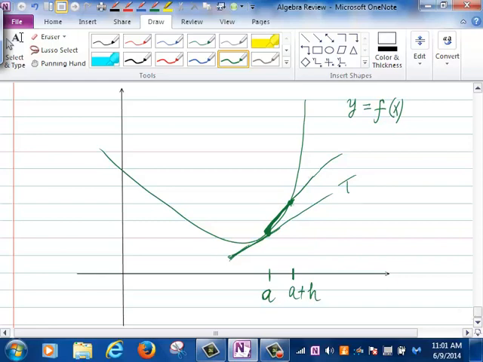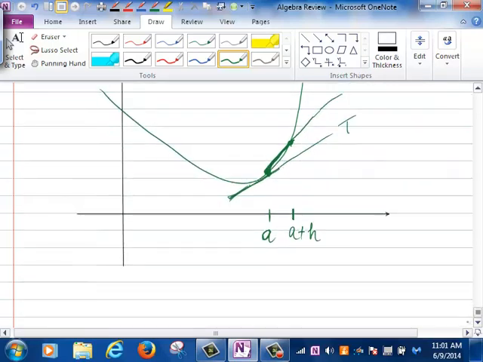What's the height of the graph at A plus h? F of A plus h is the height of the graph at A plus h, right? And then what's the height of the graph at A? F of A. So that's the rise, and then what is the difference between the x coordinates?